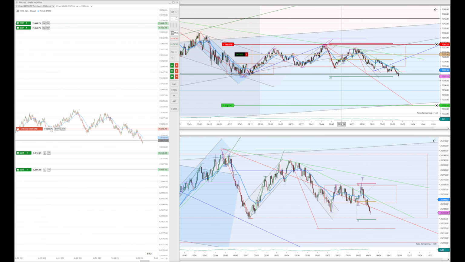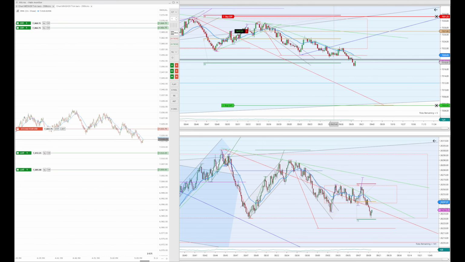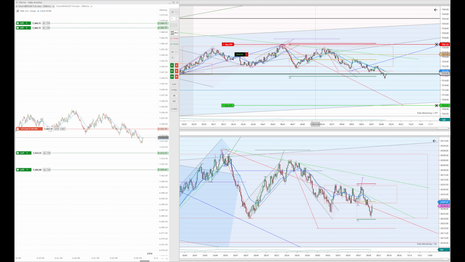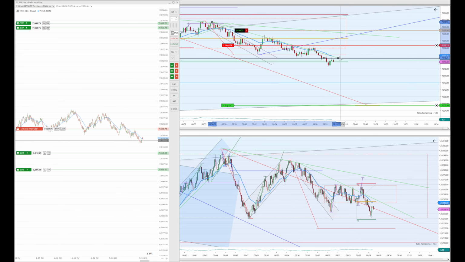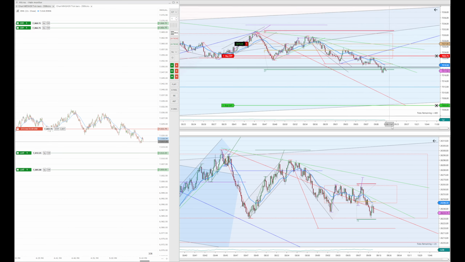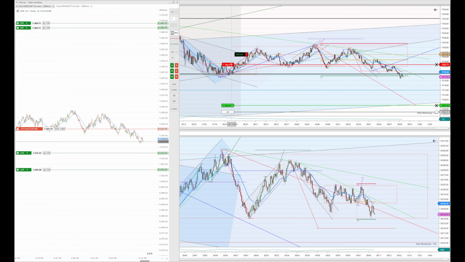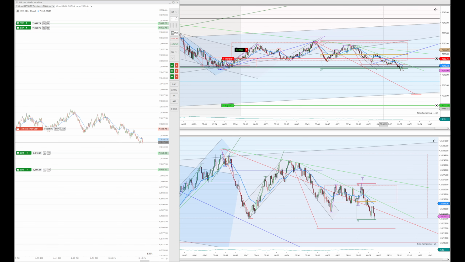All right. Looking good so far. Would be nice if it could push some more, so this initial target was reached. Took a while for the trade to work out. But I still think we may go for a break, potentially test of this 7,000 area.